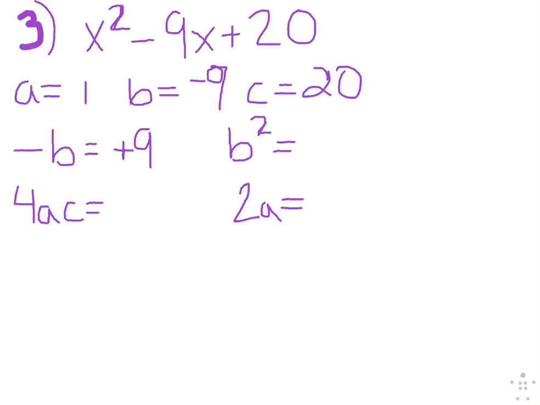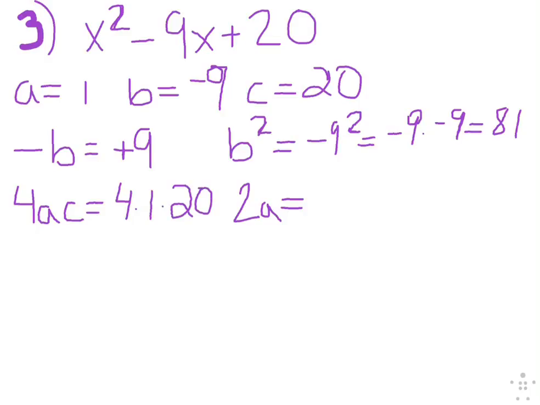B squared is the same as B times B. So negative 9 squared is negative 9 times negative 9, which is positive 81. So then 4AC is going to be 4 times 1 times 20.